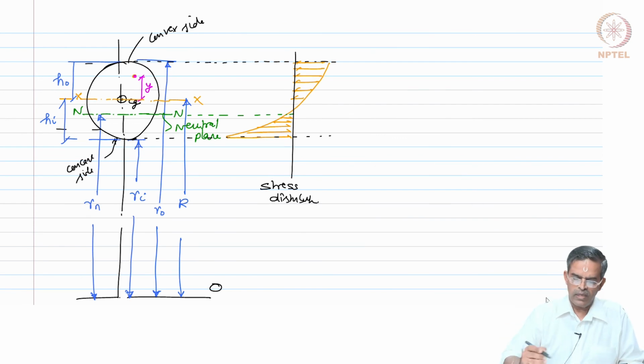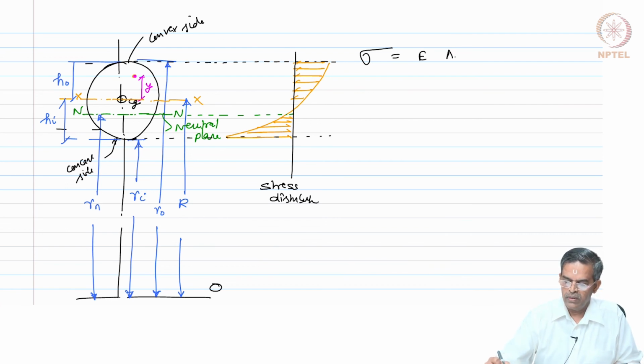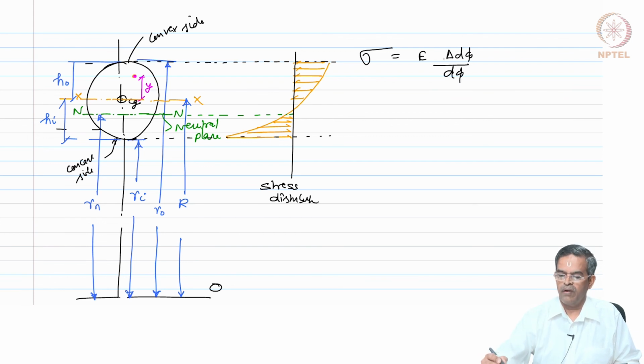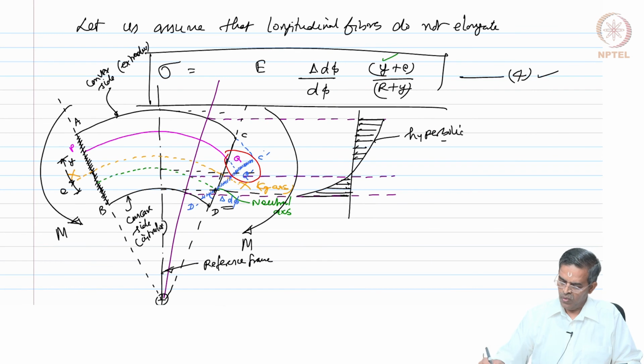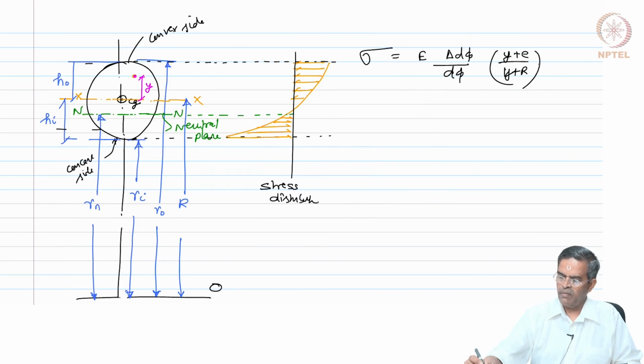Let us now write the equation which we just now derived. Stress is given by E times of delta d phi by d phi of y plus E by y plus R. This is what we already wrote. Let me call this equation number 4. I am marking it here as 4 because the same equation is rewritten.